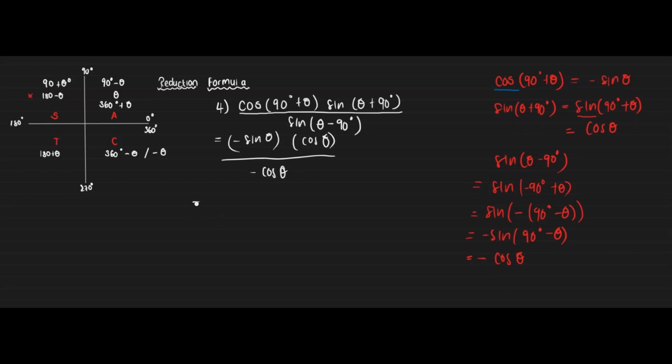Now the negative and negative divided by negative gives us a positive. So this is going to be sine theta cos theta divided by cos theta. So your cos are going to cancel out, and sine theta will be your final answer.